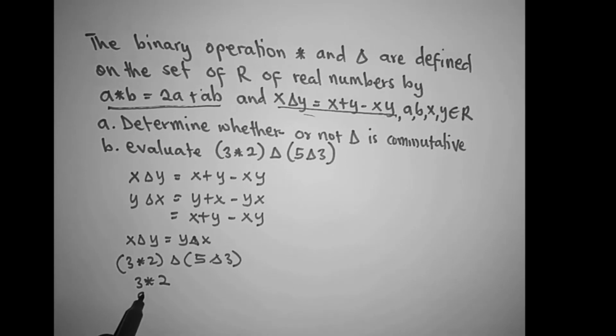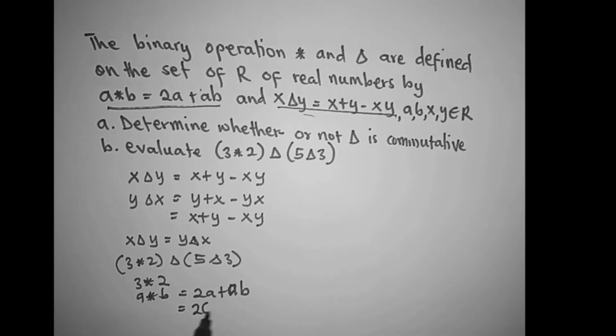So we know that a operation b equals 2a plus ab. So wherever we see a, we put 3, and wherever we see b, we put 2. So 2 times 3 plus 3 times 2. And 2 times 3 is 6 plus 3 times 2 is 6, which is equal to 12.